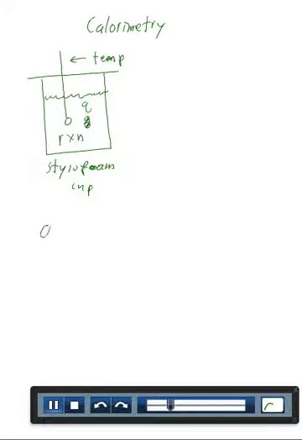So Q for the calorimeter is equal to negative Q for the reaction, or negative Q for the calorimeter is equal to Q for the reaction, depending on the direction of heat flow. If you get the sign wrong, as long as you have opposite sign for calorimeter and reaction, you'll get the same answer.